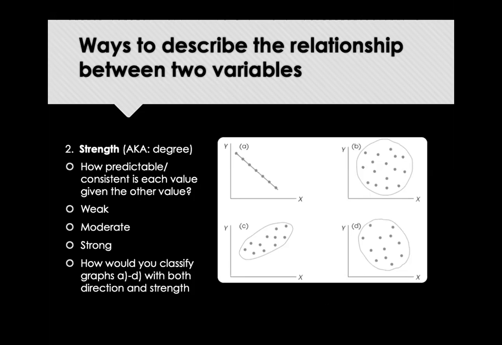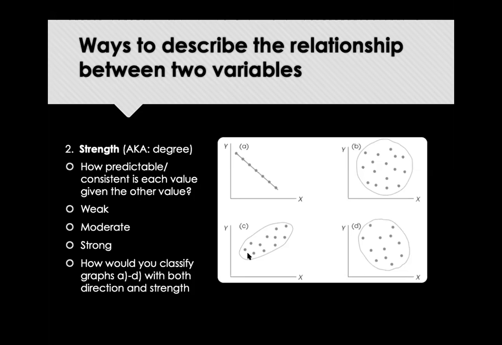In figure C, we have a strong positive relationship because when we draw a circle, or your textbook calls it an envelope, around these points, we see basically a football shape. And since this football is pointed or angled in this direction, is it positive or negative?